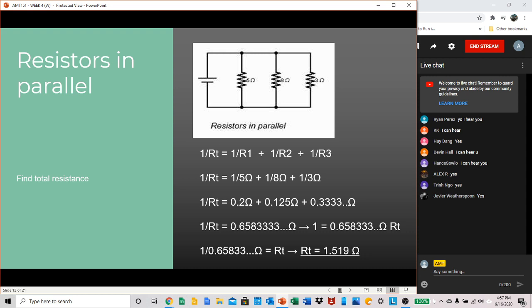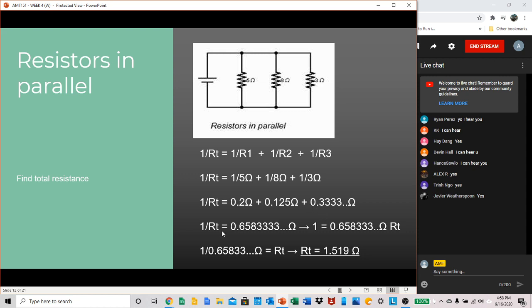But what a lot of people forget is that in this equation, what you're solving for is 1 over RT. So when you get over here, we have our decimal result, and this is a repeating 3. I didn't figure out how to put the little line over the 3, so I just put dot, dot, dot.